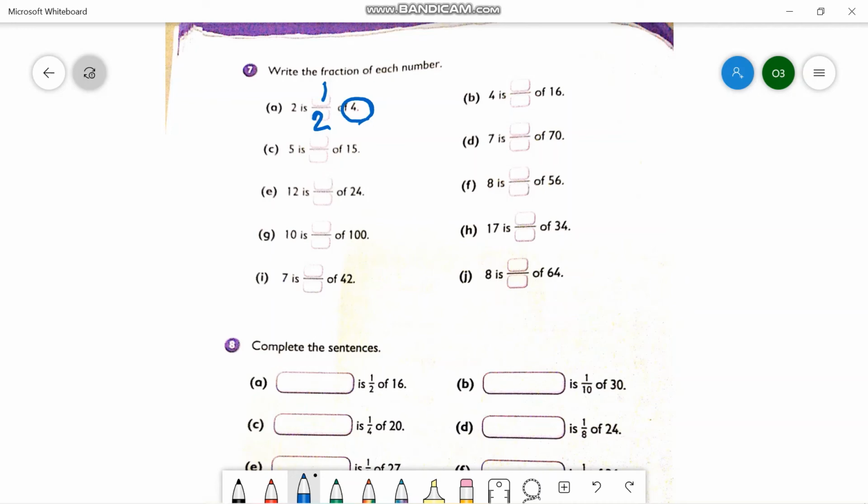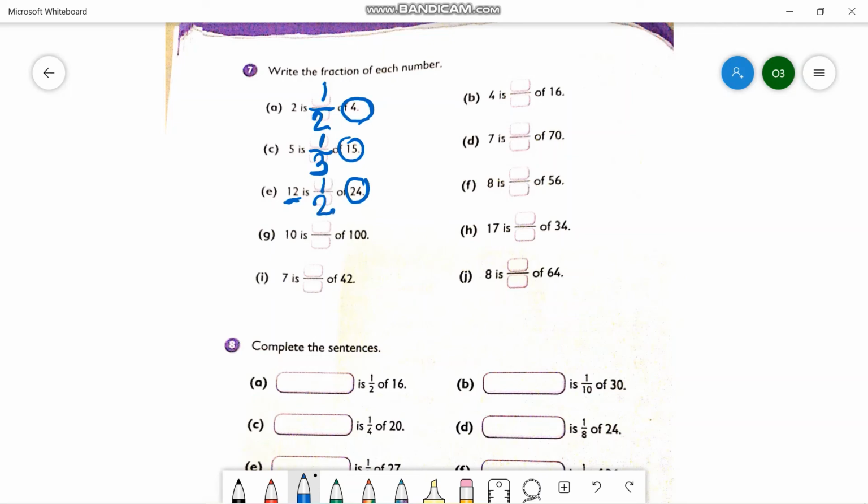So this one, 5 is what of 15. So you're just going to divide 15 by 5. 15 divided by 5 is 3. Write it in the denominator and just put 1 in the numerator. Okay, 12 is what fraction of 24? So 24 divided by 12 is 2.